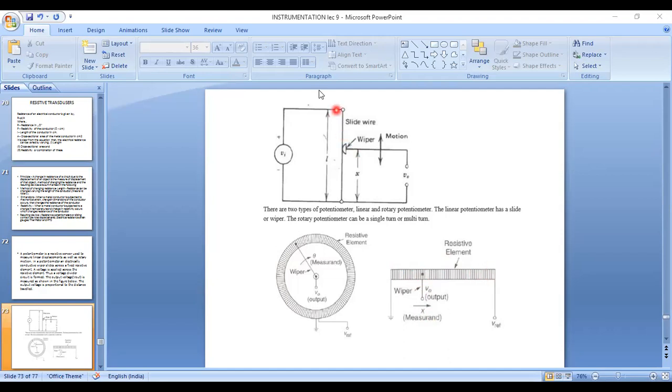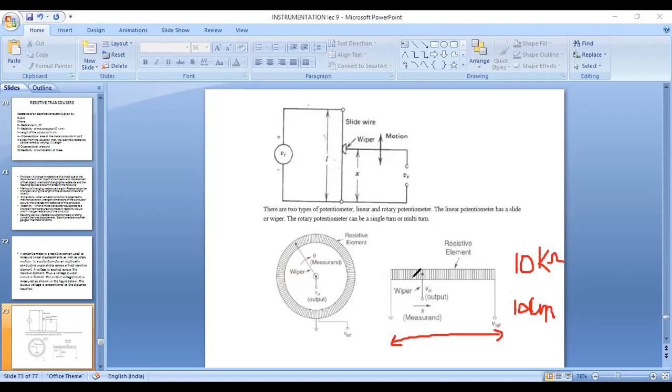Let us suppose the total length of this potentiometer is 10 centimeters, for example, and the total resistance of the potentiometer is 10 kilo ohm.